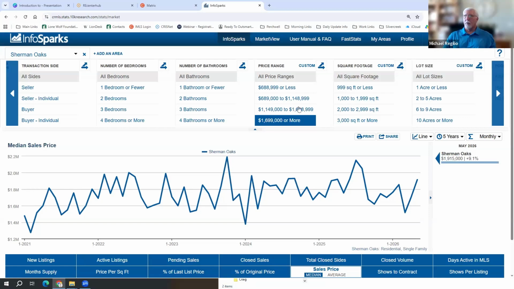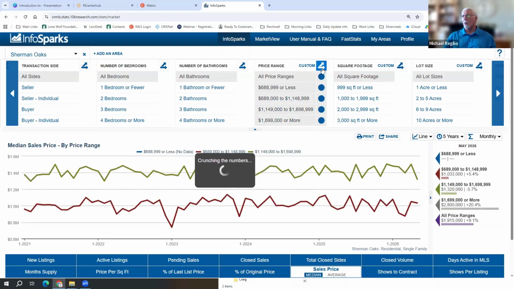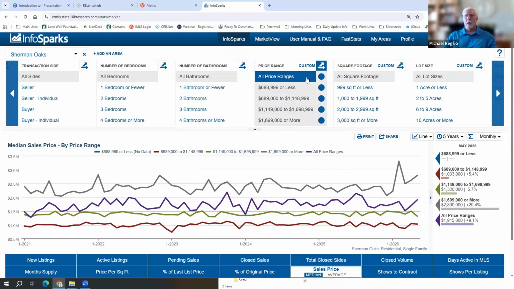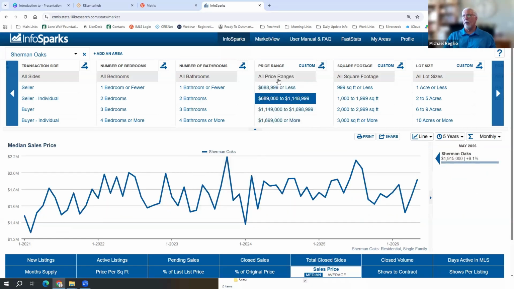What advantage that gives you is that when you have your custom price ranges, you can click on this split out arrow and it will actually run side by side all of the different information based on those price ranges. So when you're trying to do something that is based on a certain type or price range of a property, it's a good thing to have.